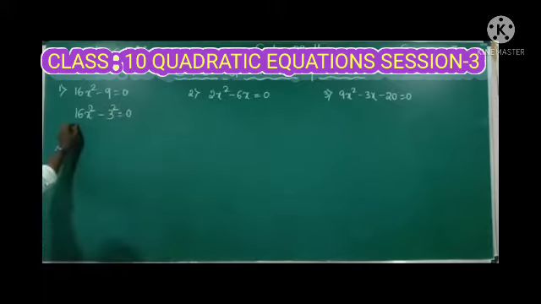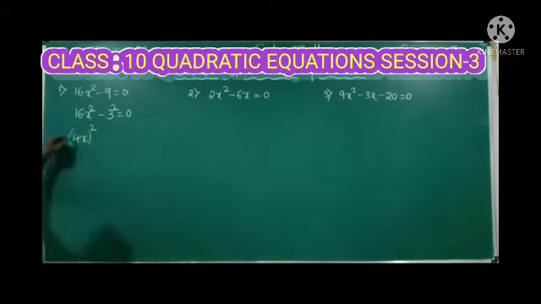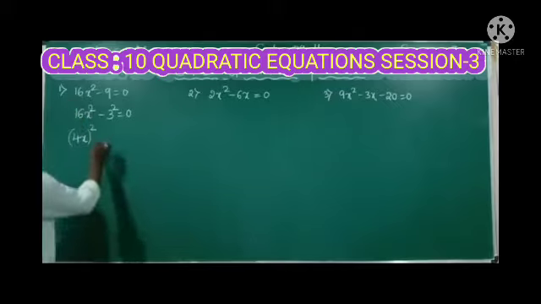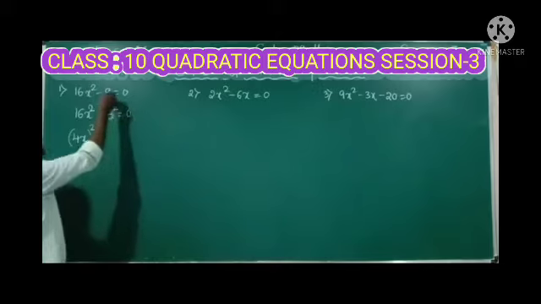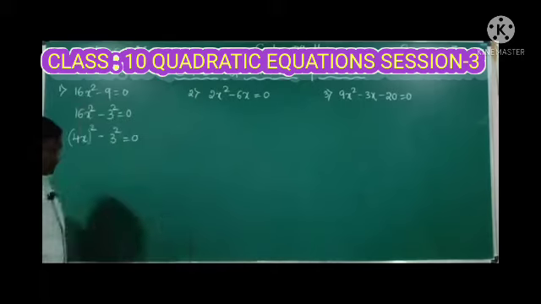This 16x square can also be written as 4x whole square, since 4 square is 16 and x square is x square. And the remaining 3 square is nothing but 9.